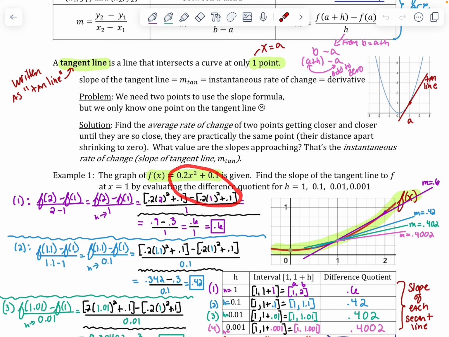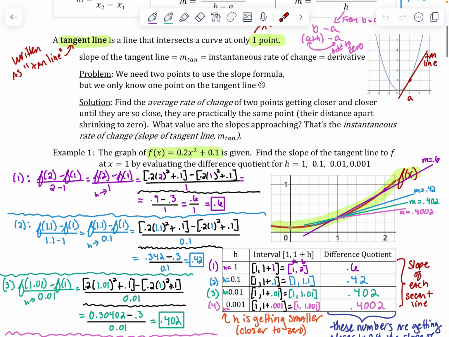I'm going to plug 1 into this function. And 2 minus 1, which is also my h, is my denominator. And my first slope, this purple line, is from a secant line that intersects my graph at 1 and at 2. So I've got a slope of 0.6.